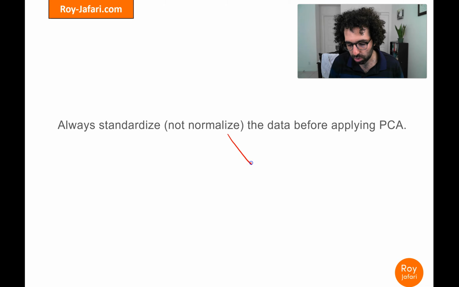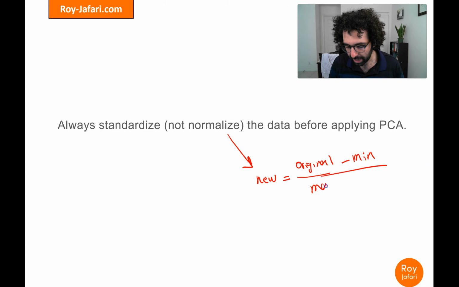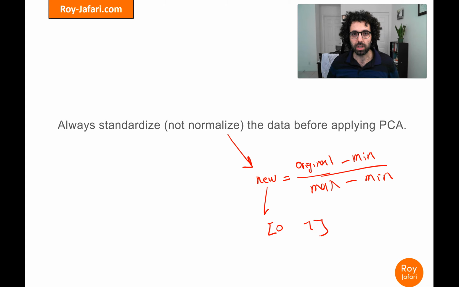To normalize, you would say the new data is equal to the original minus the minimum of the attribute, divided by the maximum minus the minimum of the attribute. Then your new attribute will be between 0 and 1. Because the scale is the same for all attributes, when you use a clustering algorithm that uses these values for finding the distance between data objects, each attribute will carry the same weight.